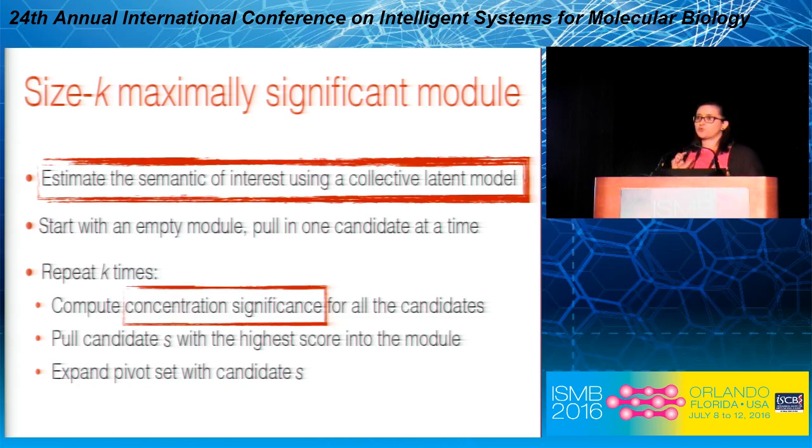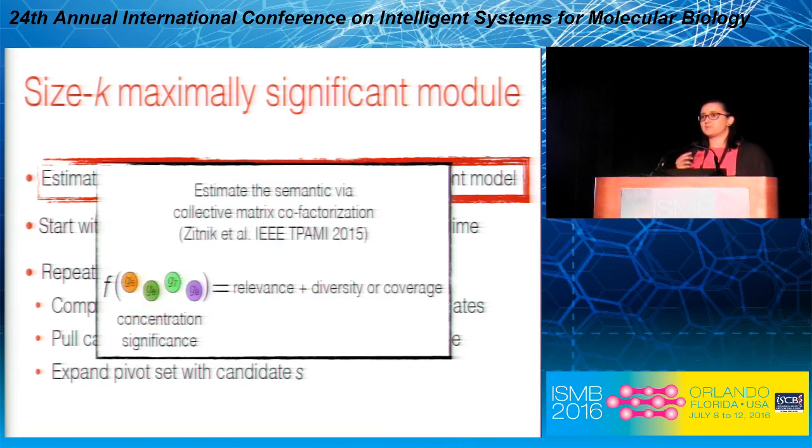So there are 2 crucial ingredients to this algorithm. The first is how we will estimate the semantic of interest. And the second is what this function, concentration significance, actually is, what its form is. For the first part, we estimate the semantic using a latent variable model, in particular a collective latent variable model, which is able to take a collection of heterogeneous data sets, such as the ones I showed in the beginning, and cofactorize all of the matrices simultaneously.